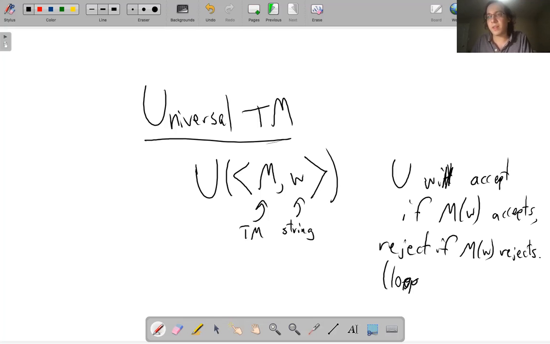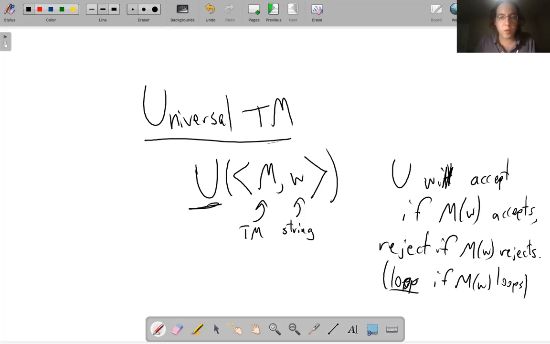Loop means never terminates, so we use the term loop to mean that it never accepts or rejects. So it will loop on this input if M of W loops. It never terminates if M of W never terminates.